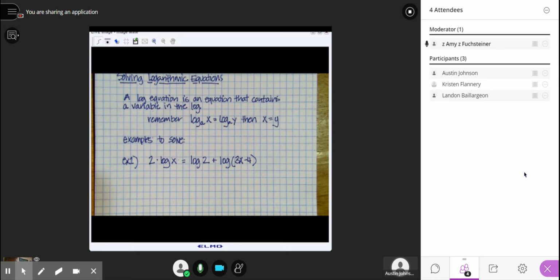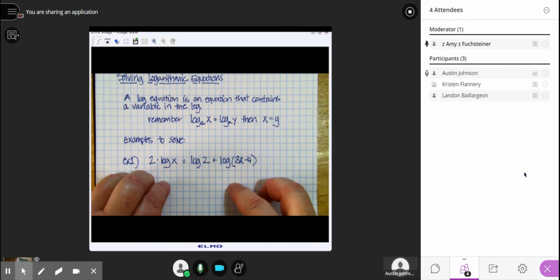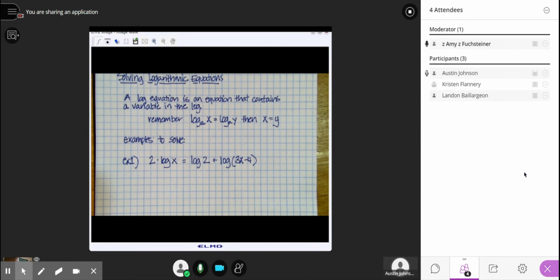All right, so what we're going to do is use the combinations that we practiced last week, when we took our logs and tried to combine or condense them. And we're going to set it up so that we have one log on the left side and one log on the right side, as close to that as we can get.